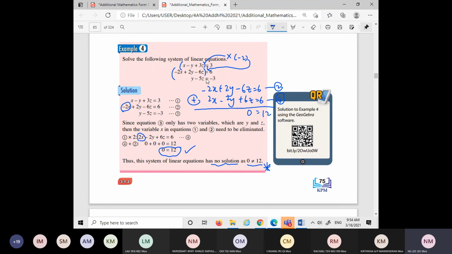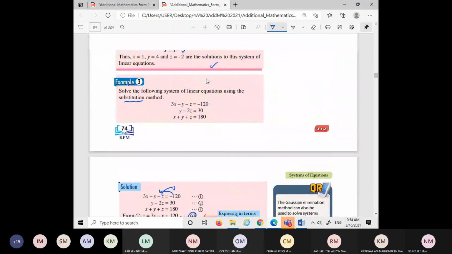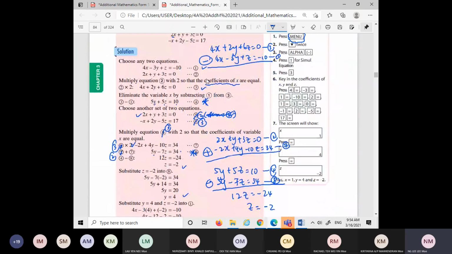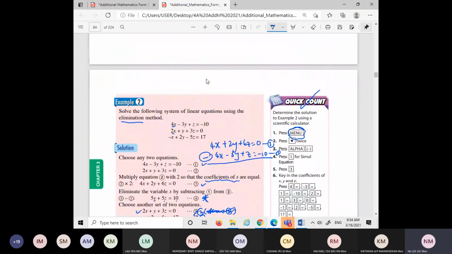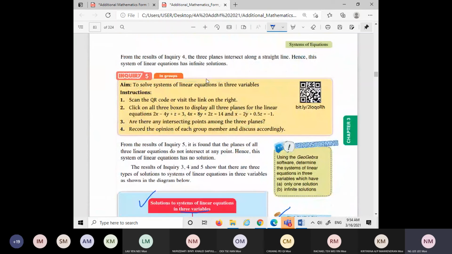I give you one more example. We go back here. I did this one. Same thing. I think the first and the third are parallel, correct? First and the third are parallel.